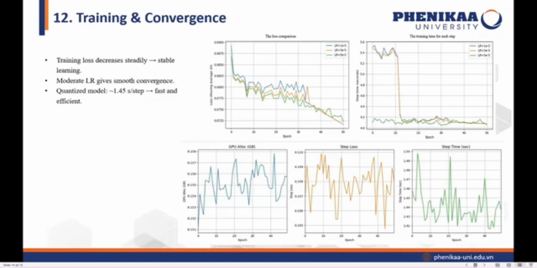During training and convergence, in the image above, that is the normal training. The loss can reduce gradually, and the performance is very good.